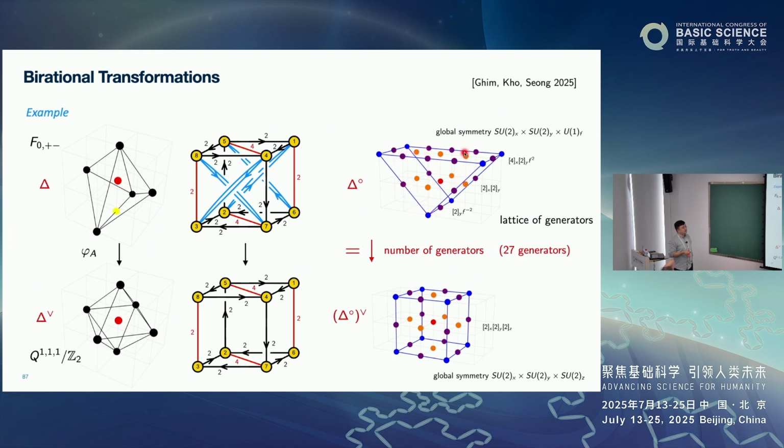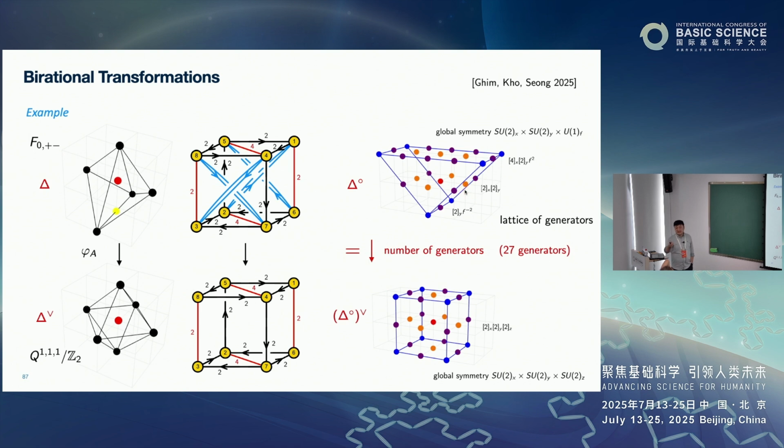And the number of points in the dual polytope is preserved under this birational transformation, meaning that the number of generators that I have before and after the birational transformation is preserved.